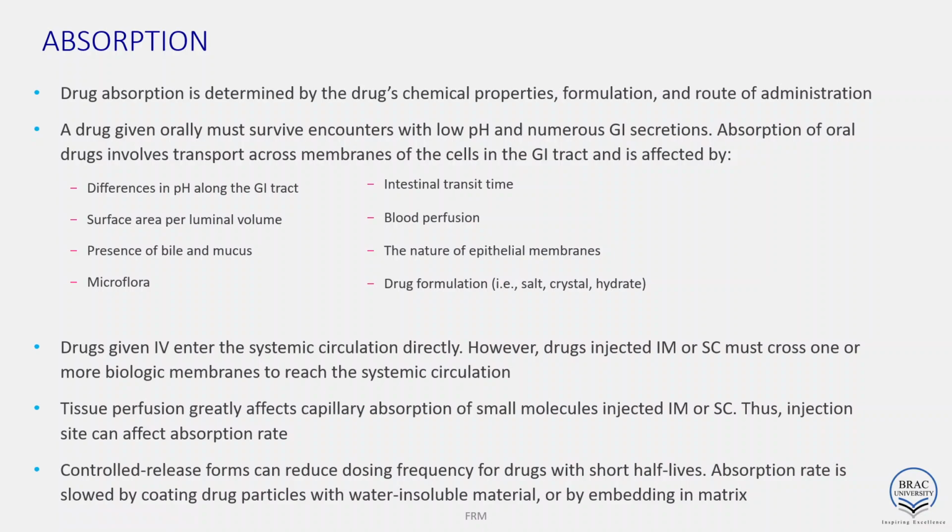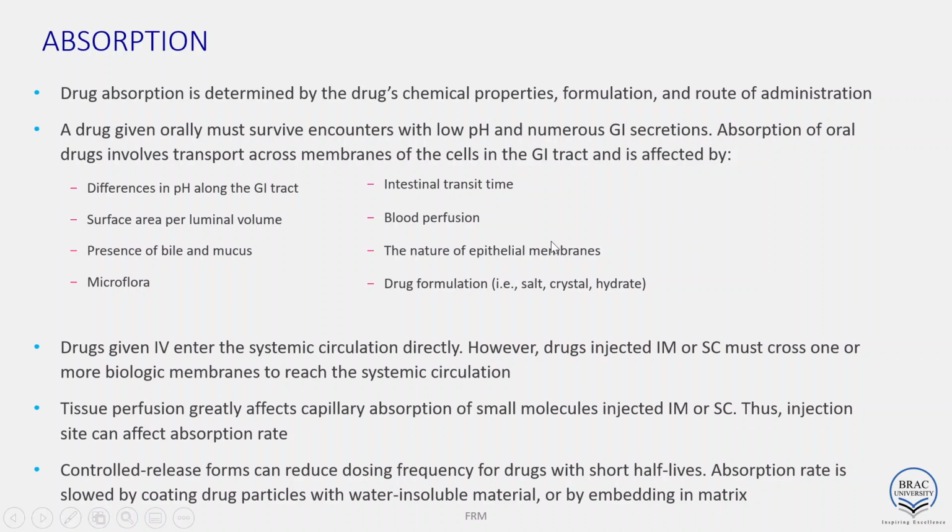Also, pH is another important factor. The drug must survive the low pH in the acidic environment of the stomach and other GI secretions. So the drugs should not be degraded by those environments, low pH or high pH.